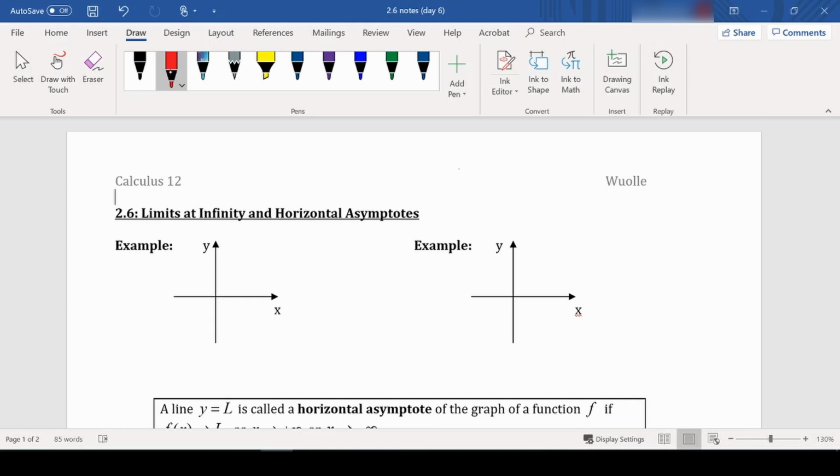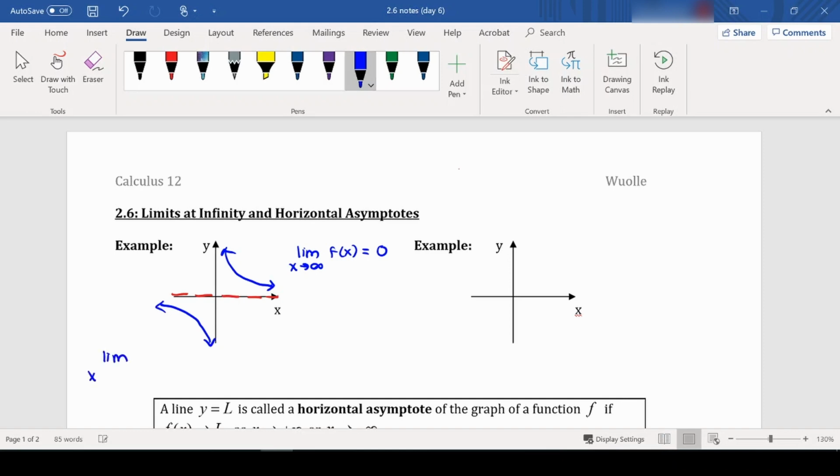So if I think about this graphically, okay, this should make some sense. If I look at the limit as x approaches infinity of the function, my y values will get closer and closer to my horizontal asymptote, which would be at 0.